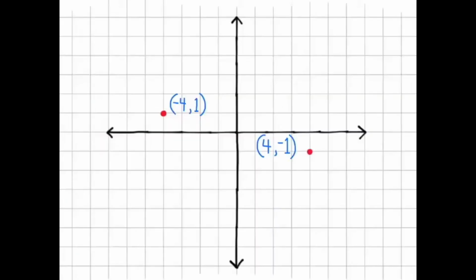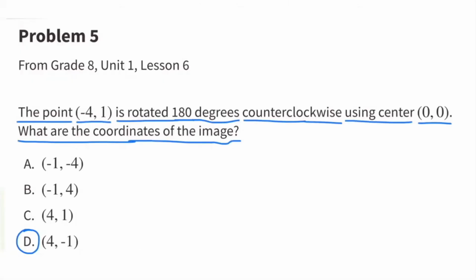The center point would be (0, 0), which is where the origin is, right in the middle, where these two axes intersect. When you rotate the point (-4, 1) 180 degrees, it ends up at (4, -1). So the answer would be D.